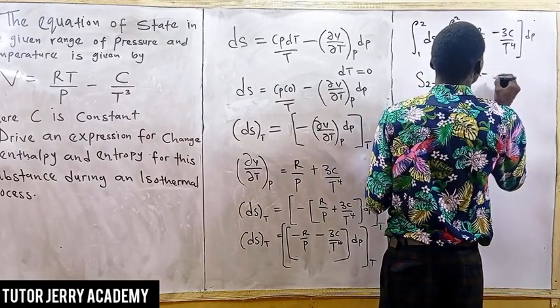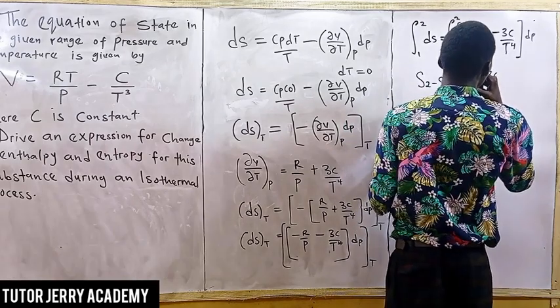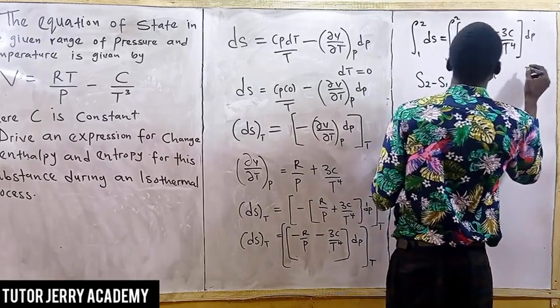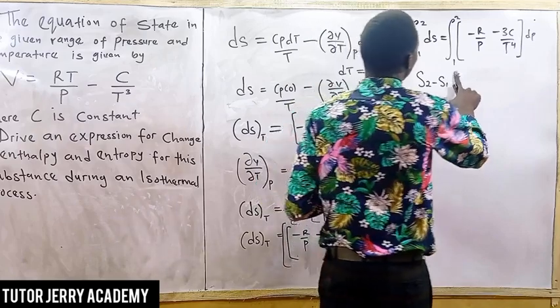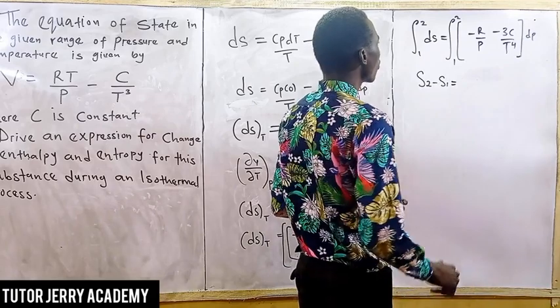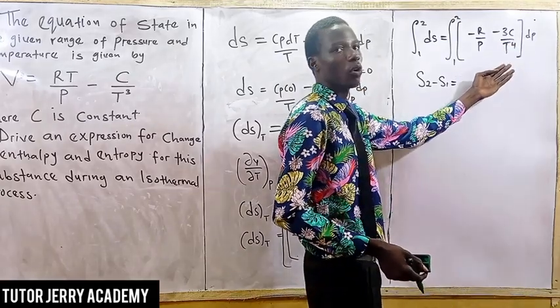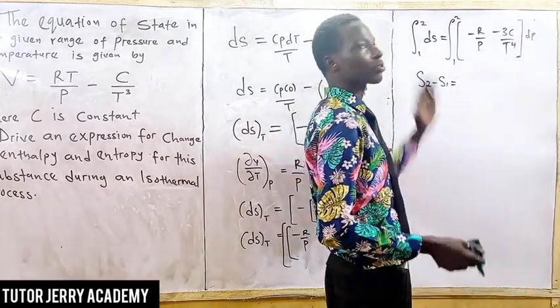Before we integrate this, let's take minus 3C over T to the power of 4 out of the integral sign.